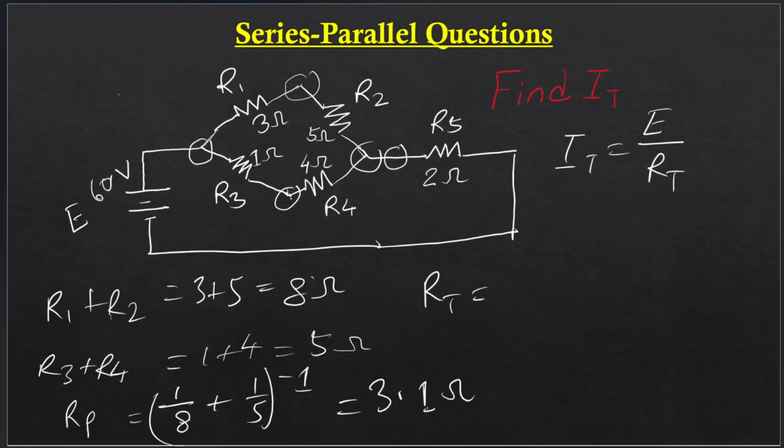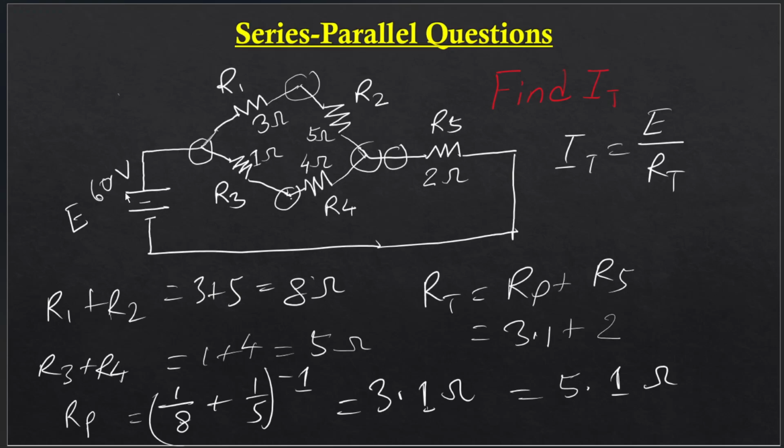So this would be our RT. RT is equal to RP plus R5. So that is 3.1 plus R5, which is 2. So that is 5.1 ohm. Now for the total current, IT is equal to E over RT.